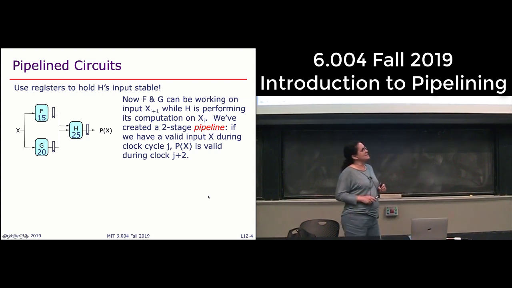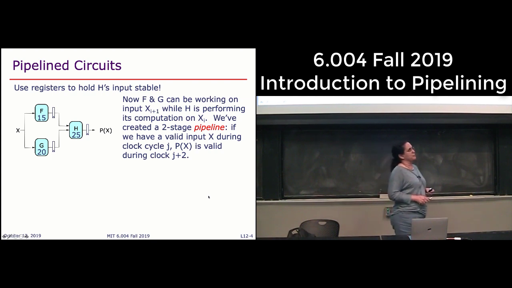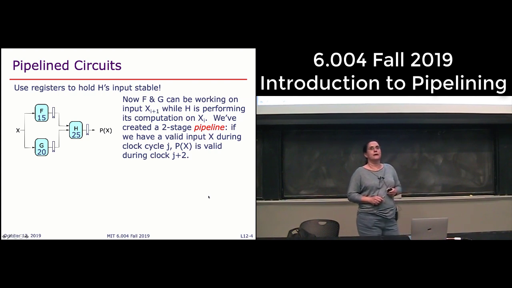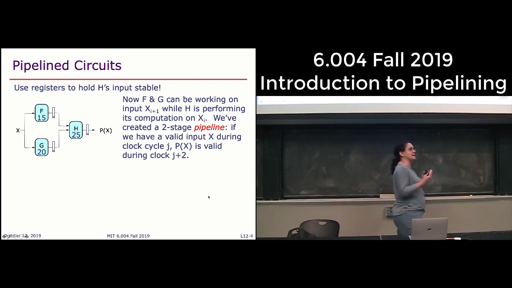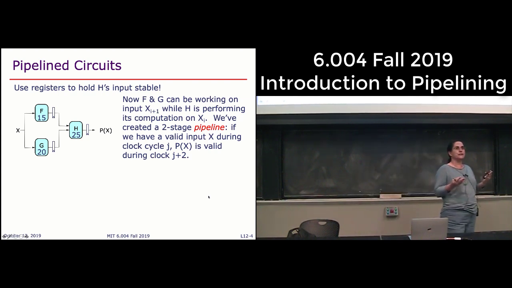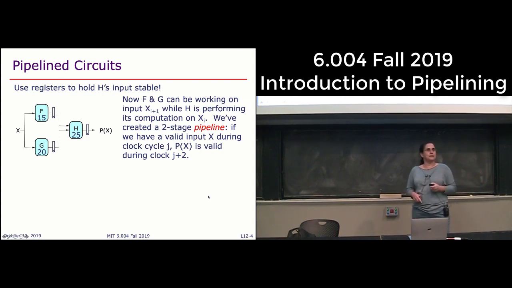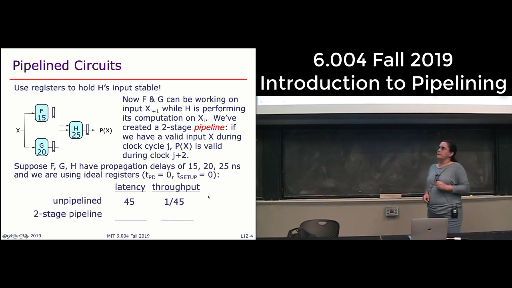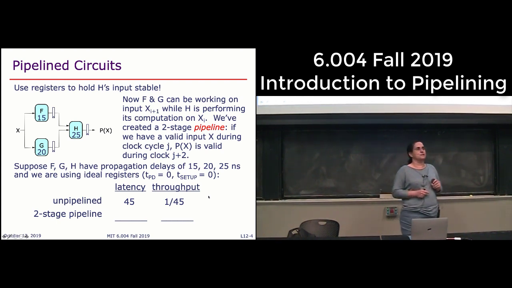Here let's consider a particular example where we've been given latencies for each of these modules, and the number inside the box corresponds to the latency of that module. Let's analyze how this circuit compares if we run it as a combinational circuit versus a pipelined circuit. First, we're going to take a look at the combinational situation.